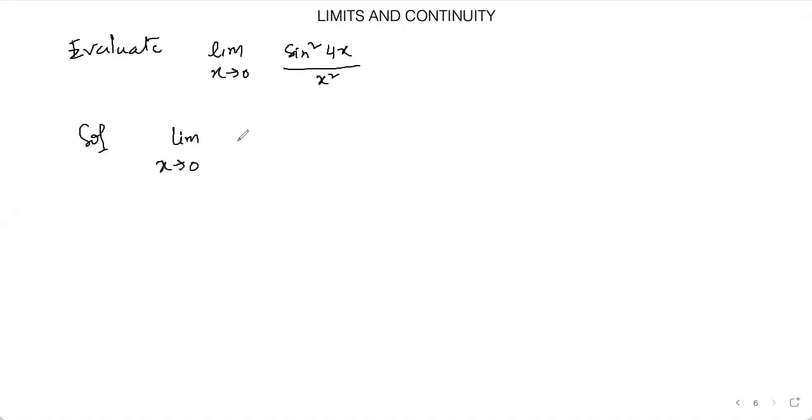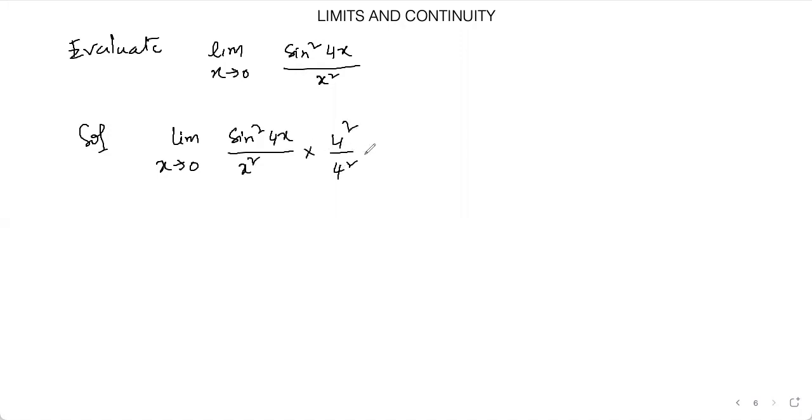So let us evaluate the limit x tends to 0 of sine square 4x by x square. Now this is x square, so I'll multiply and divide by 4 square.